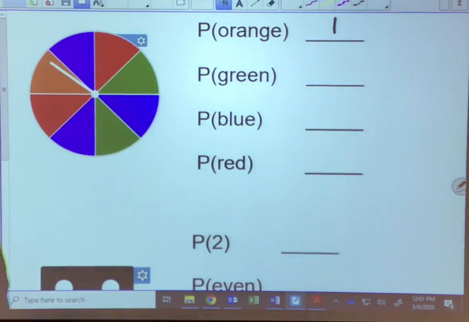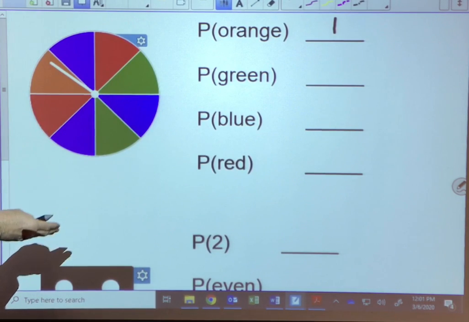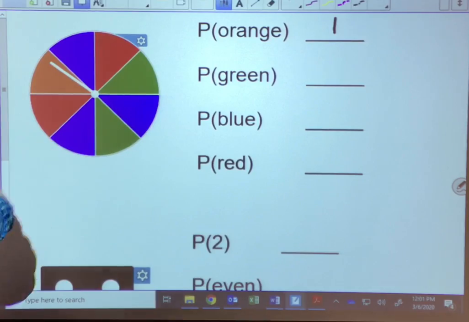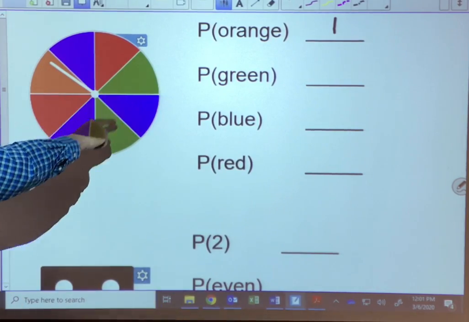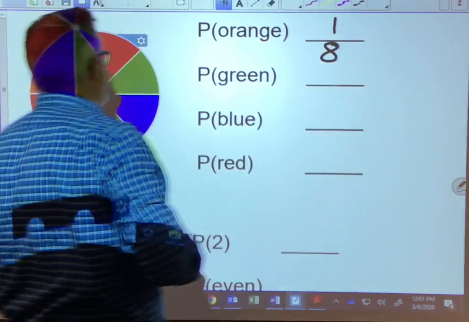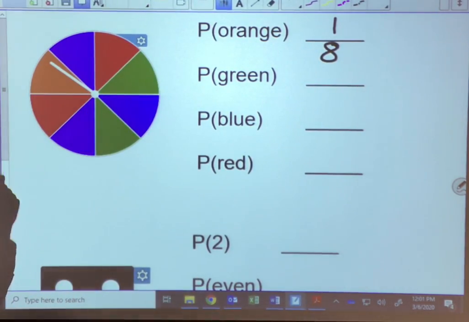That's our favorable outcomes. That's the event. Then the bottom number is the total number of outcomes. Well, there's a total of 8 outcomes on this. It's divided into 8 sections. So the probability of spinning the spinner and it landing on orange is 1 out of 8, okay?